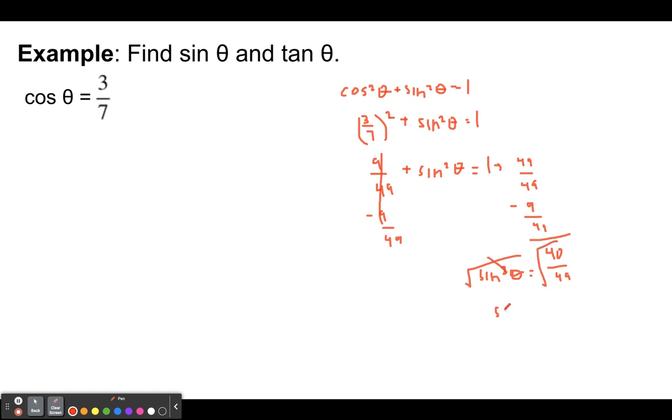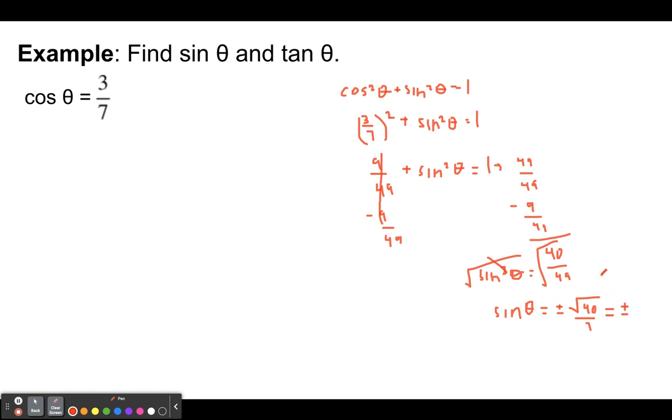I'm left with sine of theta, which is equal to plus or minus the square root of 40 over the square root of 49, which is 7. And then the square root of 40 can be simplified. We can simplify that radical to be plus or minus.